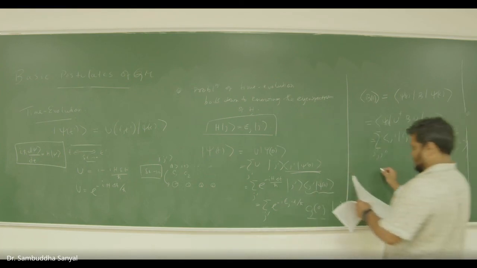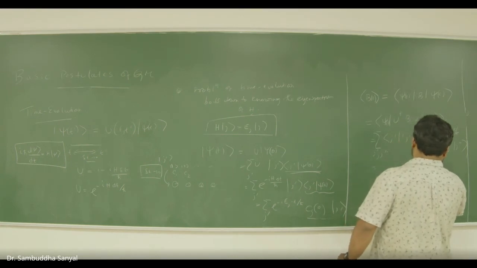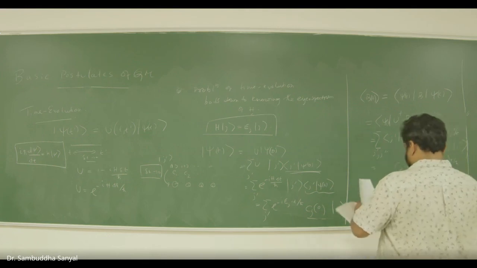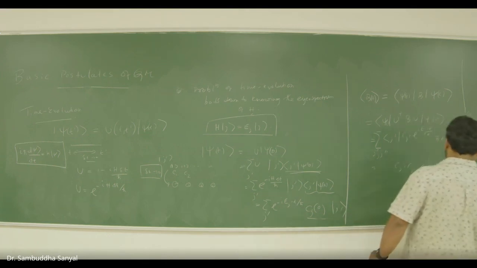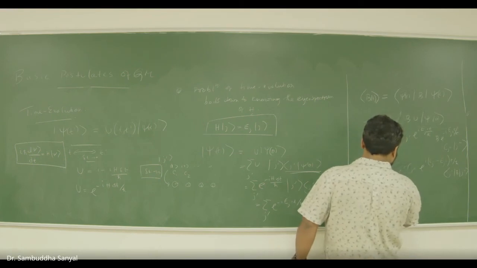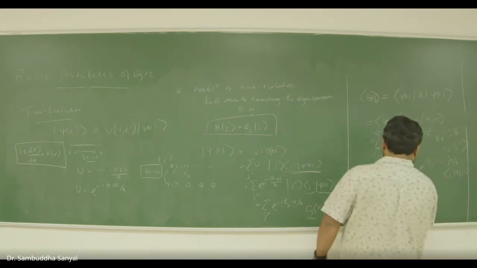And this is Cj prime, Cj double prime, e to the power i, Ej minus Ej double prime, t by h bar, times j prime B j double prime. So this thing is sometimes written as omega.